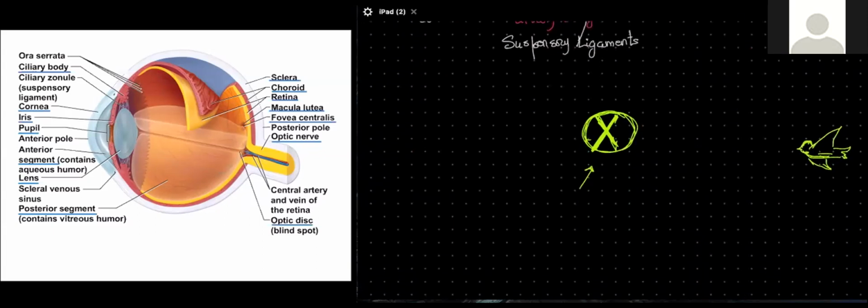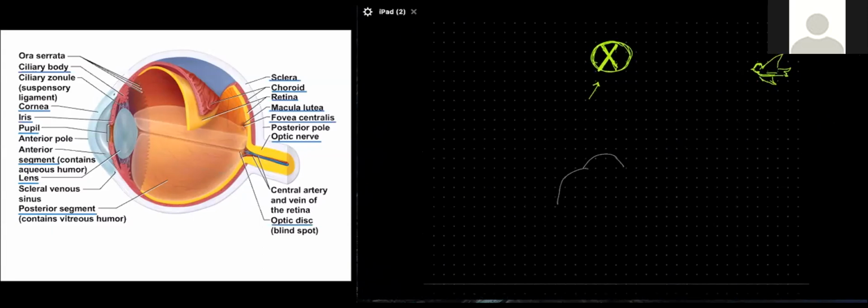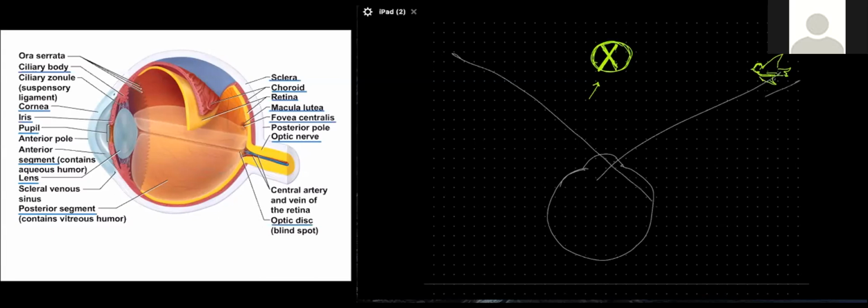So in order for you to get an idea about what you are able to see here, if this is the eye, I have a superior view of the eye and the vision field. The vision field is emitting light that travels like this in the form of light rays.